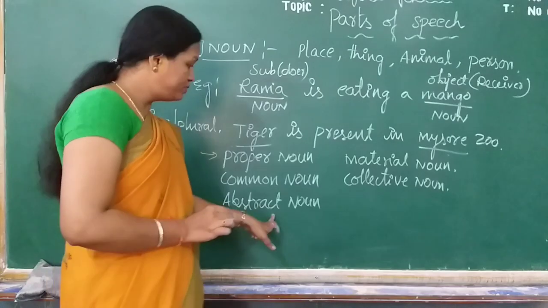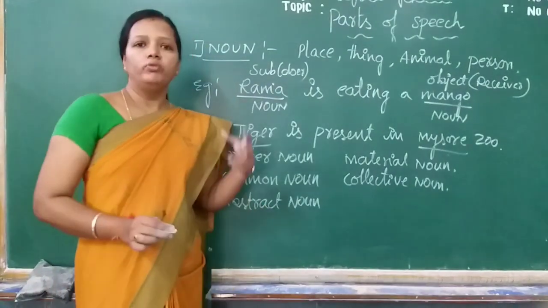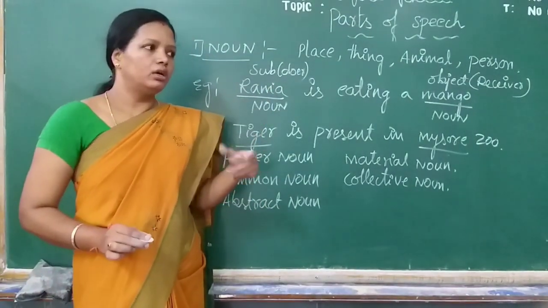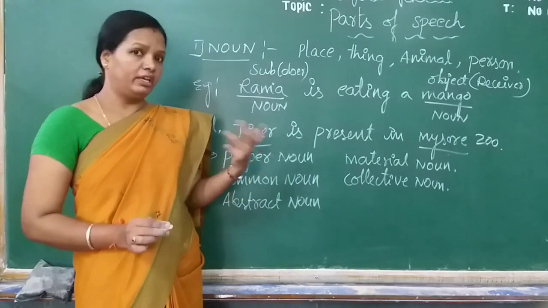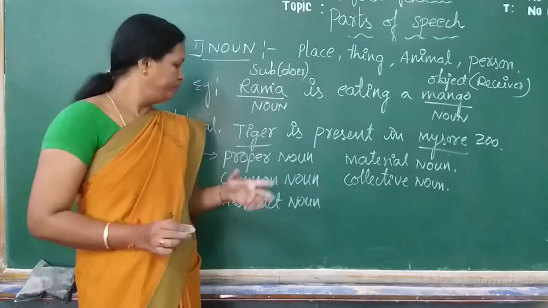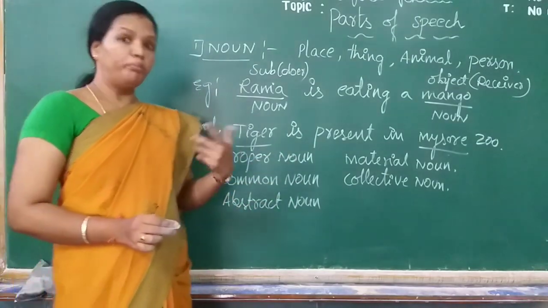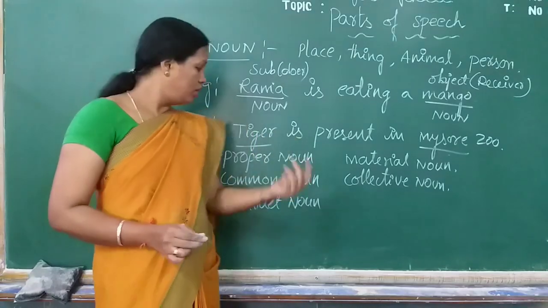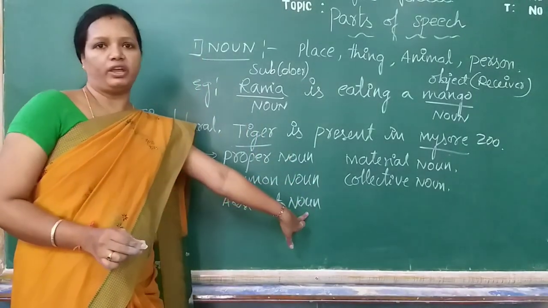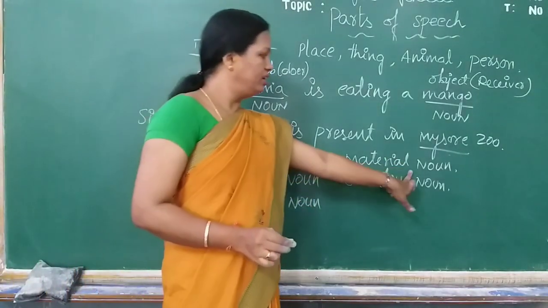So next is abstract noun. Abstract noun, we can only feel the words which are coming in the abstract noun. We cannot touch or we cannot see. Say for example, brave, courage, happiness, sorrow. These are all coming under the abstract noun. Next is material noun.